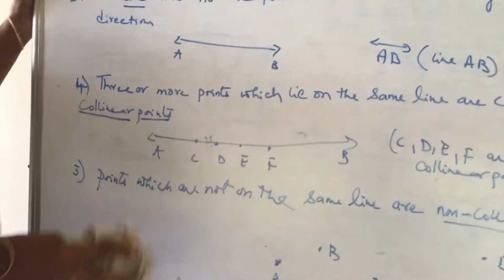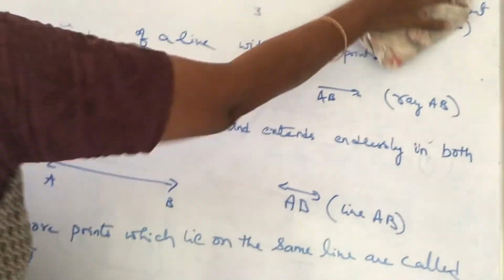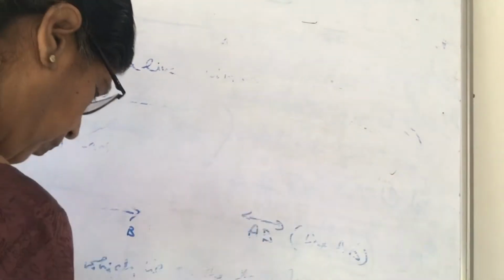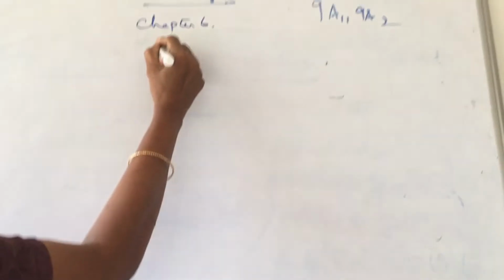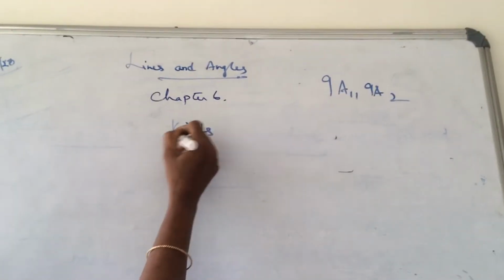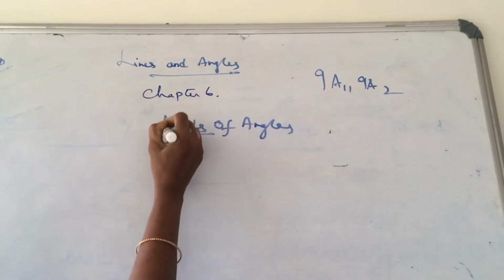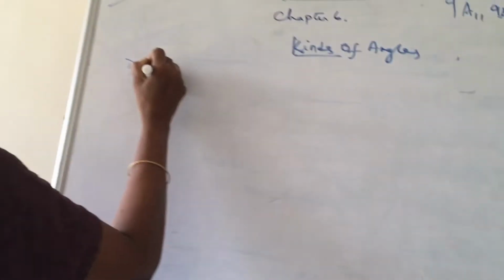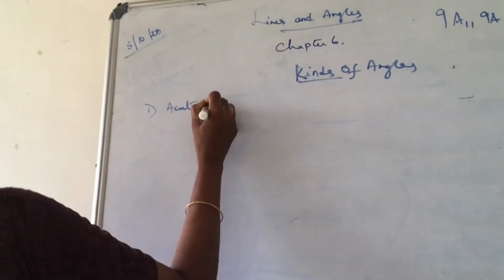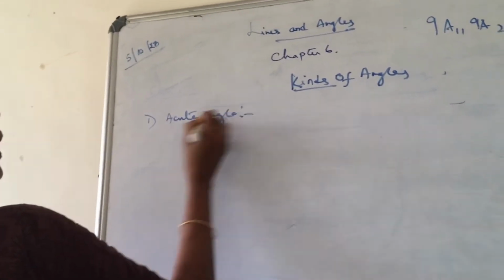Hope you have followed, children. Now coming to kinds of angles. First one, acute angle. What is an acute angle?